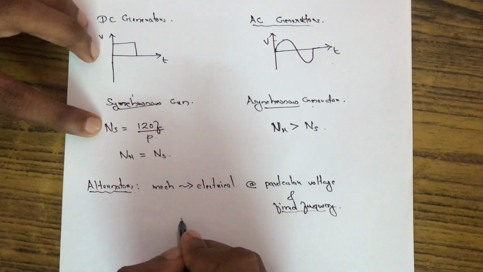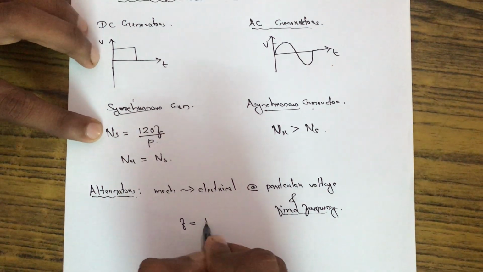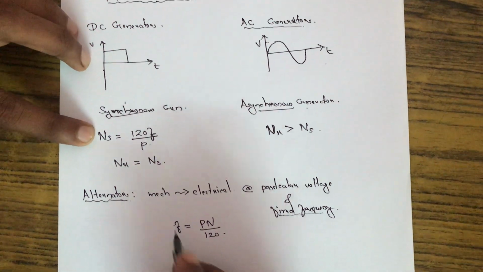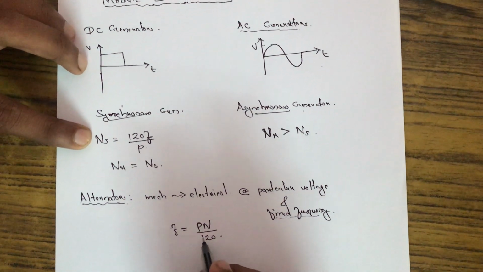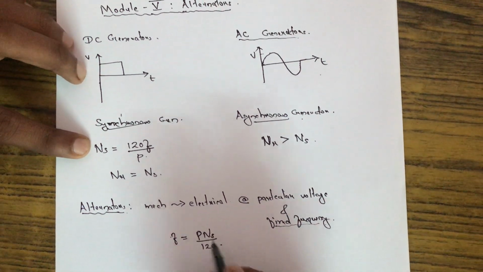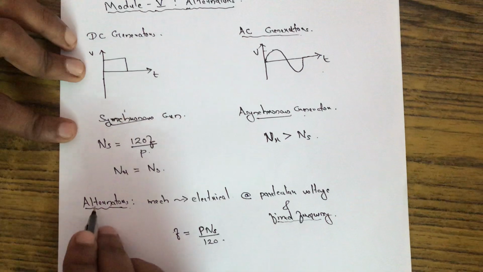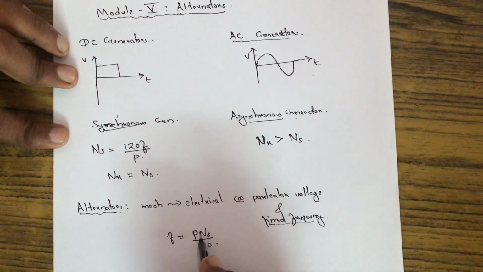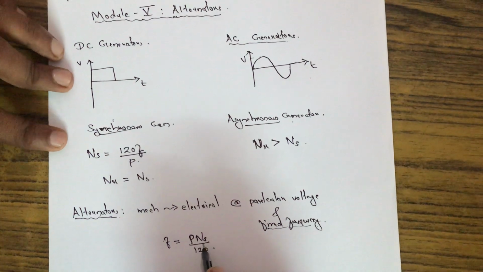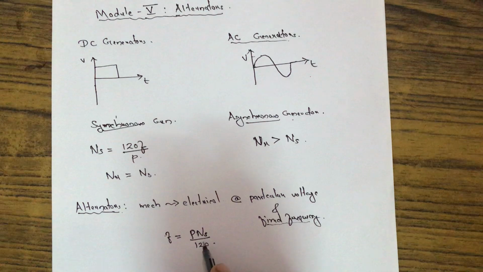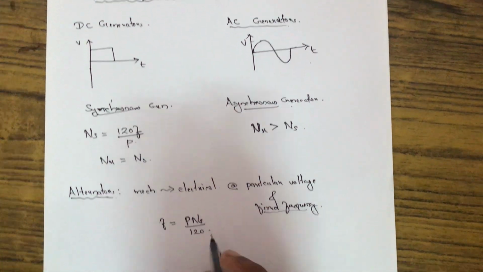Since we know F equal to Pn by 120, to make the frequency constant, and P is a constant and 120 is a constant value, we have to keep the speed also constant. So alternators will always be running at a constant speed given by Ns, that is the synchronous speed, therefore the name synchronous generators.